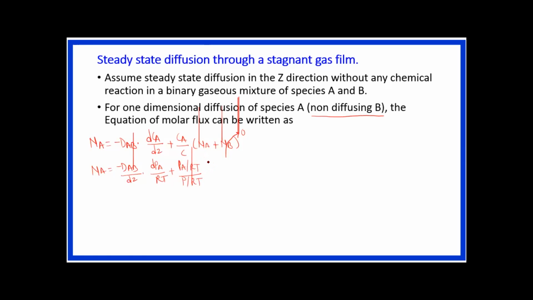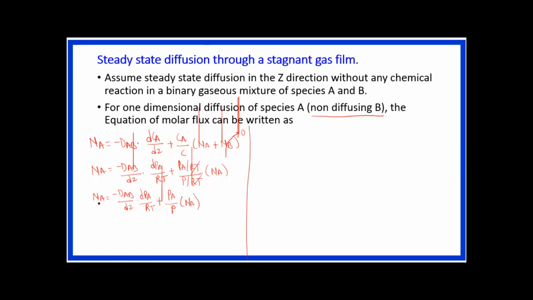So this relationship we have already discussed in the first case, and now only NA is there. So this RT gets cancelled and the equation becomes NA equal to minus DAB upon dZ, dPA upon RT plus PA upon P into NA, right?